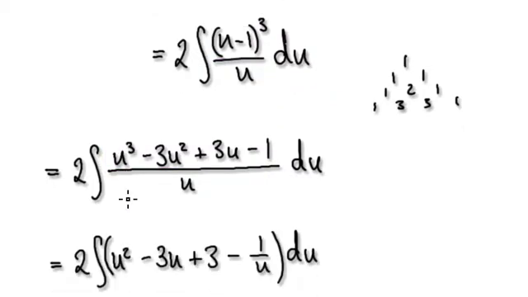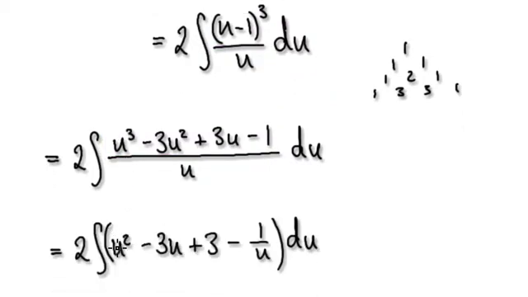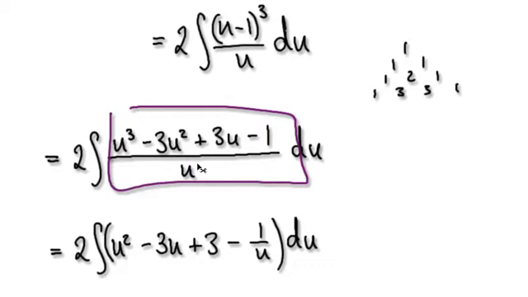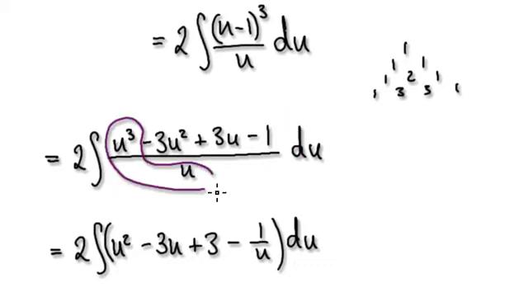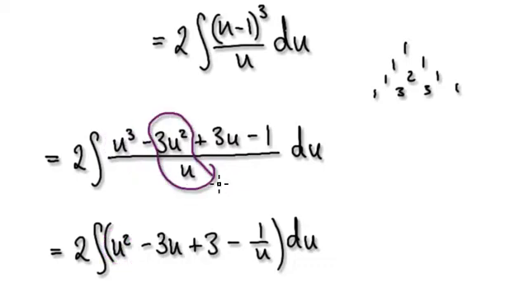Okay. So now we can break this up. Looking at this thing here, break this up as one fraction. So this then becomes u squared, and now break this up as another fraction.